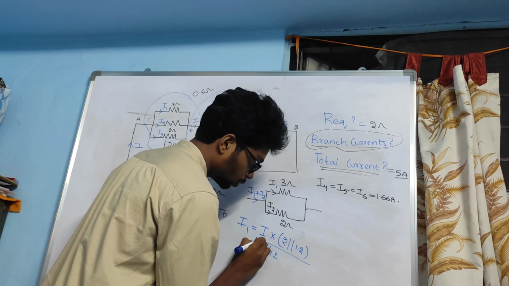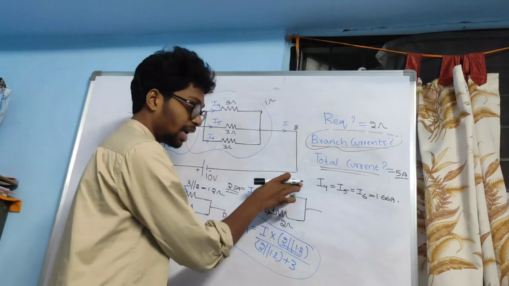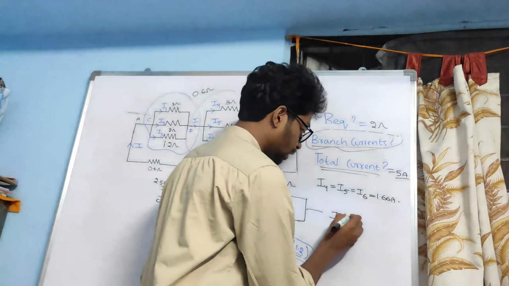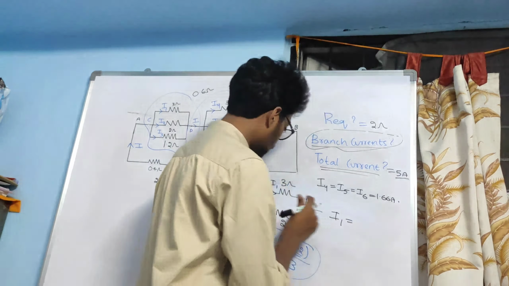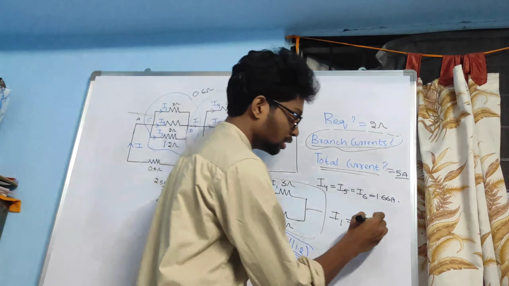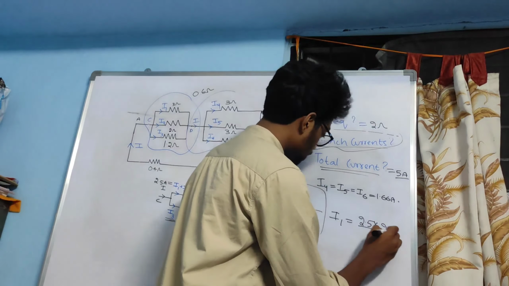I have got I1 plus I2 equal to 2.5 amperes. So for finding I1, we know I1 equal to, by current division rule of this sub-circuit, total current 2.5 into opposite branch resistance divided by sum of two resistances, 3 plus 2, 5.